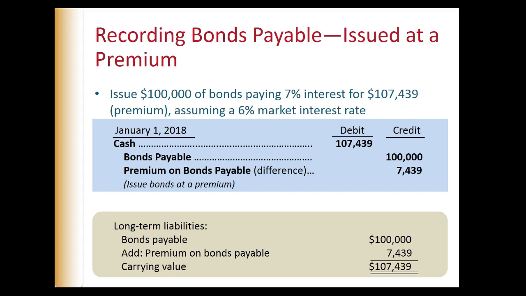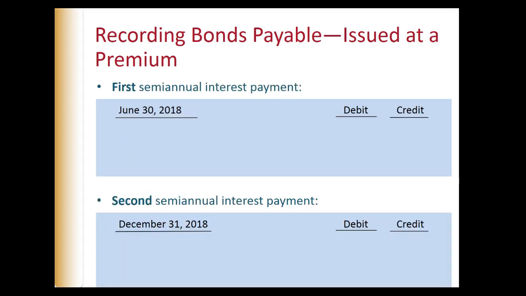But the carrying value will decrease from the $107,439 issue price to the $100,000 face amount over the 10-year life of the bonds. So we calculate interest expense as the carrying value times the market rate, which again, the carrying value is the $107,439 times the market rate of 6% annually or the 3% semi-annually.